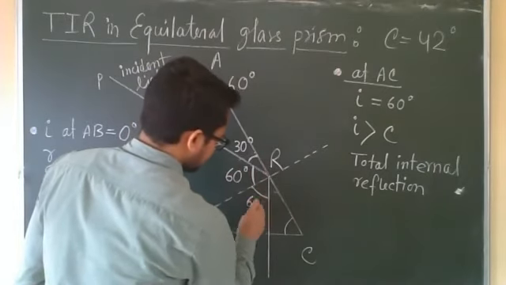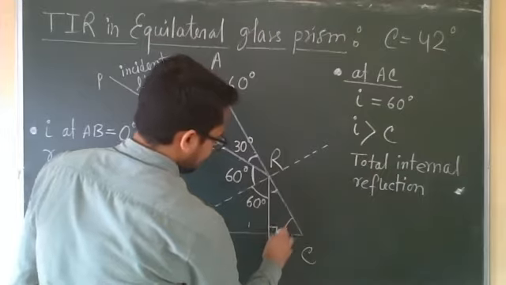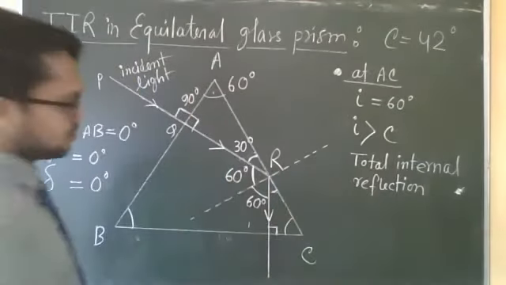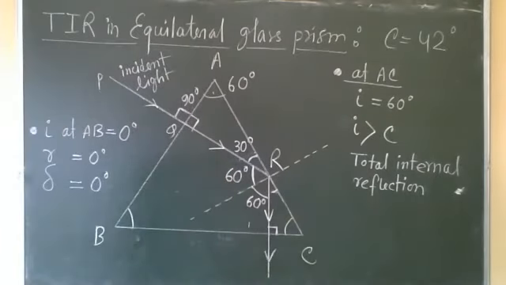So this is 60, this one is again 30 and this one will be 90. Along the normal means no deviation. Without any deviation it will go up. So this is the ray diagram.